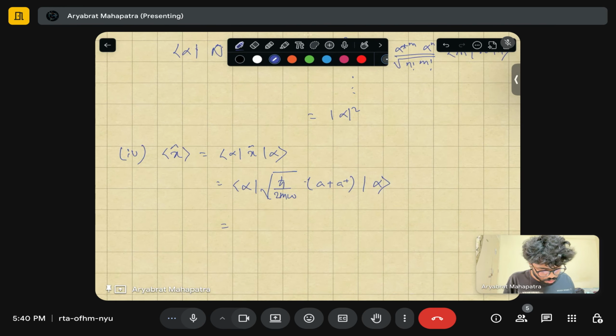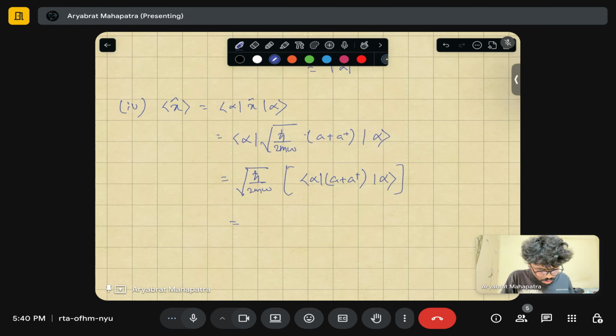This is equal to root h bar over 2m omega, alpha a alpha plus alpha a dagger alpha.